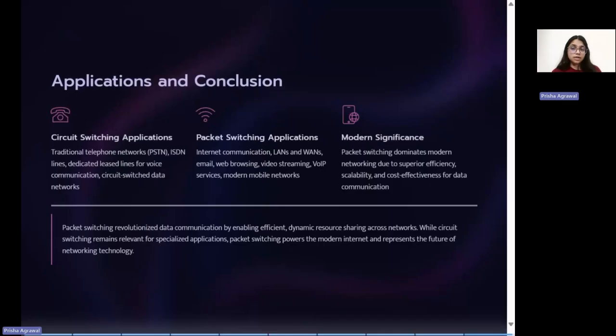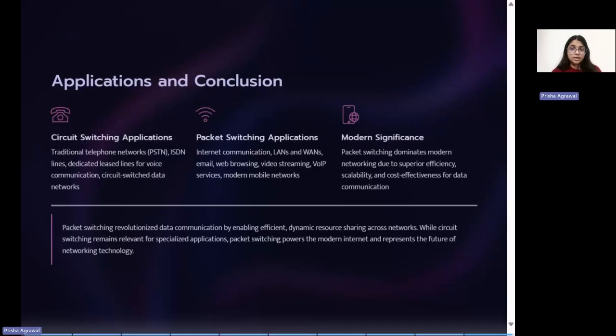Another application of circuit switching includes dedicated leased communication lines, where organizations require a permanent and stable communication channel. Although circuit switching is less common today, it is still used in some specialized communication systems that require guaranteed bandwidth and stable connections.